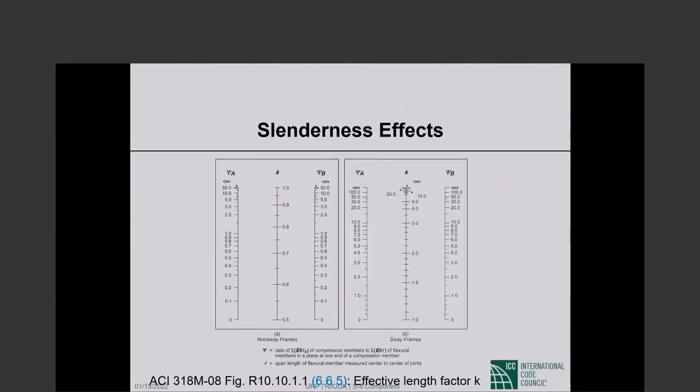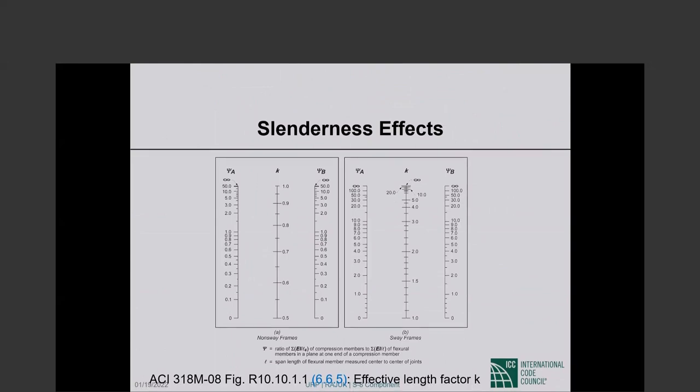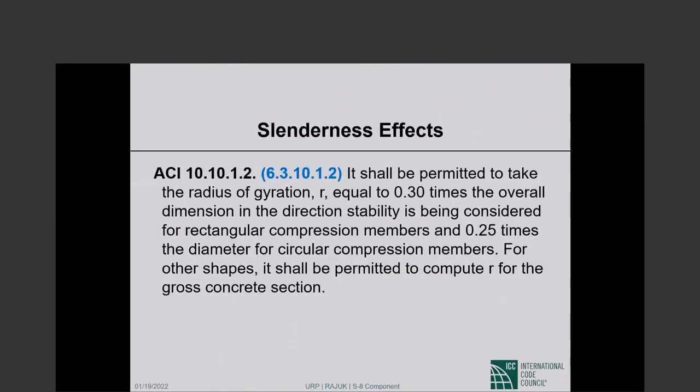So your K value, if you need it, you will very likely find from this chart that is in the commentary to ACI 318-08. It is in BNBC as well, and you will need the column to beam stiffness ratios at the two ends in order to enter the chart.